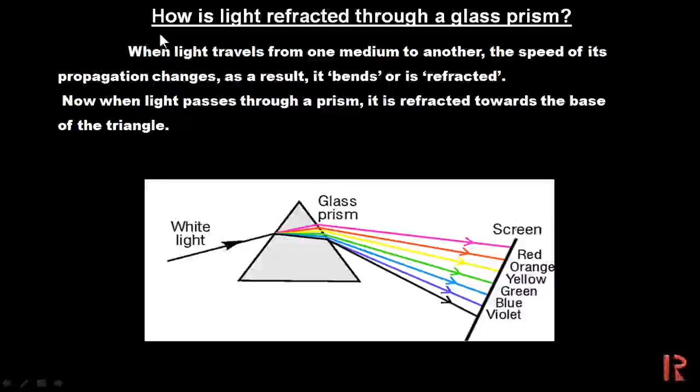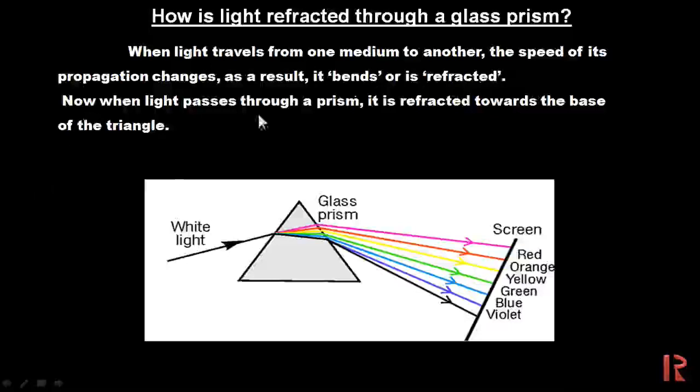Now the second point, how is light refracted through a glass prism? When white light travels from one medium to another, the speed of its propagation changes. As a result, it bends, that means refracted.